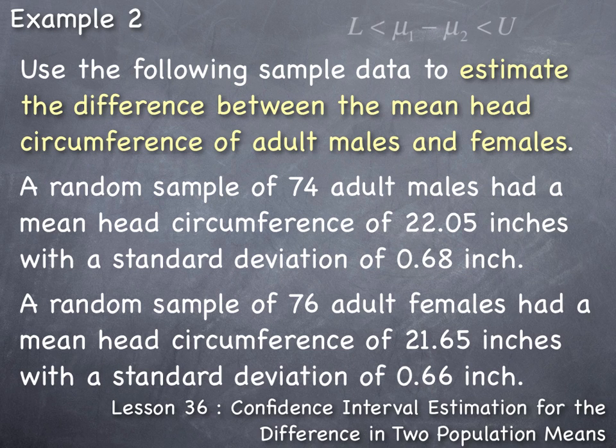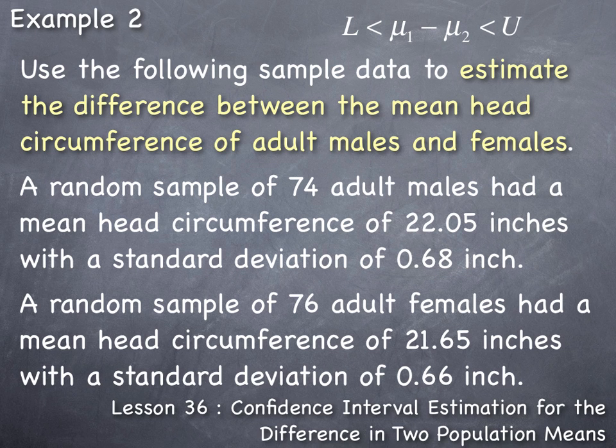So our confidence interval estimate will be for mu1 minus mu2, where mu1 represents the population of males, and mu2 is referring to the population for females.